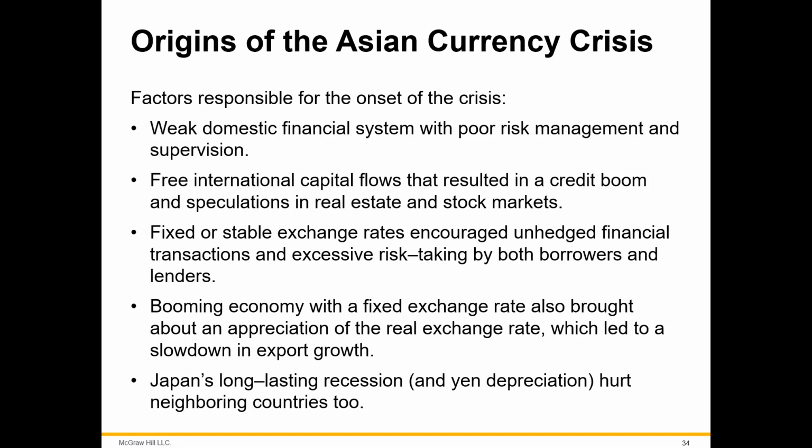So that basically is a whole bunch of financial risk that should have been factored in that wasn't, and so that created an economic boom. But right, when you have an economic boom, then you have an appreciation of the real exchange rate.